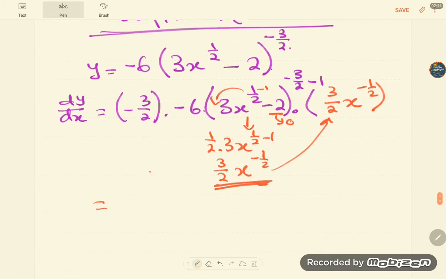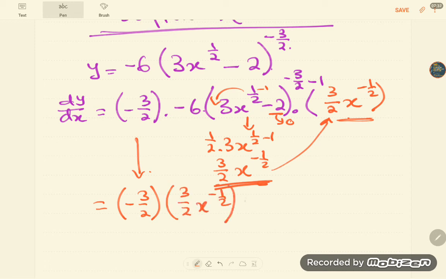And the final is going to be the minus 3 over 2. Okay, this 3 over 2. And then I'm going to bring this term in there. That's going to give us 3 over 2 x to the minus half. And then we still have our minus 6.